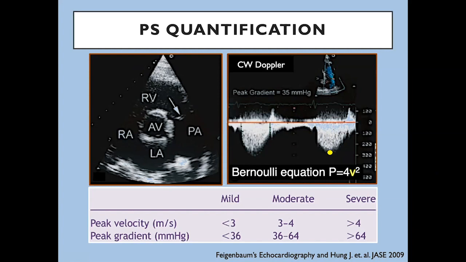Also, the highest velocity can sometimes be found in a modified apical 5-chamber view, very anteriorly directed, so you catch the pulmonary valve, and sometimes you can find the highest velocity here. So what is important here is this peak velocity or peak gradient, and you can see here that mild is less than 36 millimeters of mercury, moderate 36 to 64 millimeters of mercury, and severe greater than 64 millimeters of mercury.